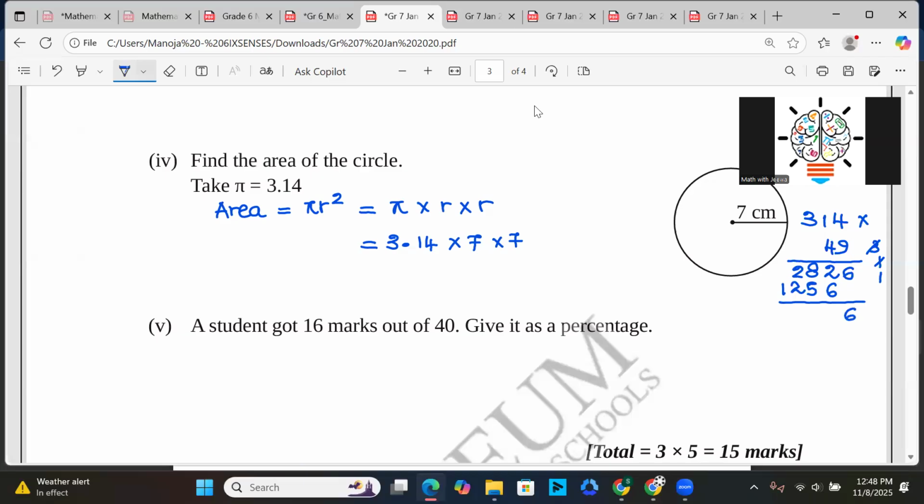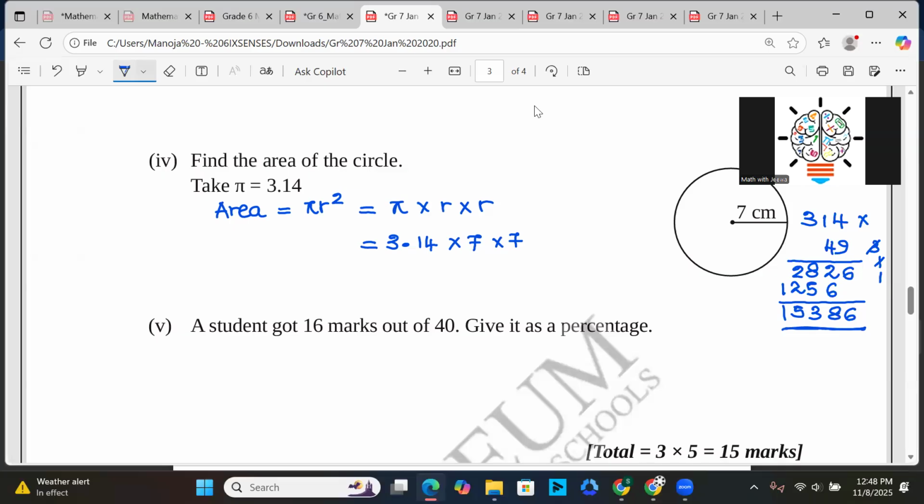And then here it is 6. 6 plus 2, 8. 5 plus 8, 13. 2 plus 2, 4 plus remainder 1, 5 and 1. So then you get this answer. You get this answer if you divide 314 by 49.